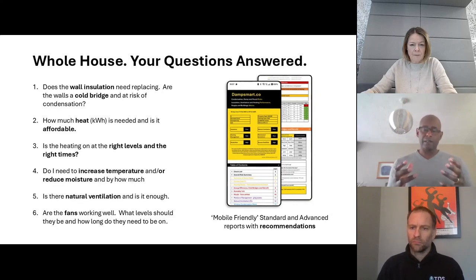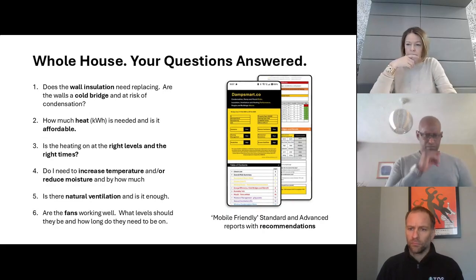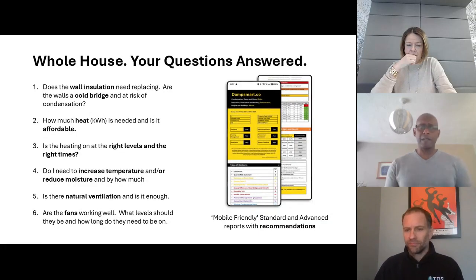It had electric heating, but it was a warehouse-type conversion, and those electric wall heaters had no impact whatsoever. They were only pumping out 1 kilowatt, but they needed about 6. There's no way that at 6 kilowatts per hour, at a cost of 27p, the tenant was going to afford it.